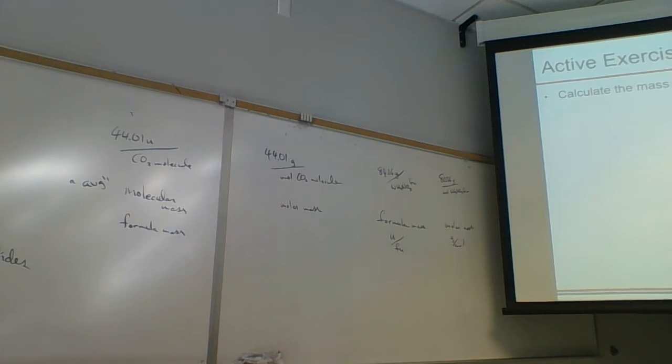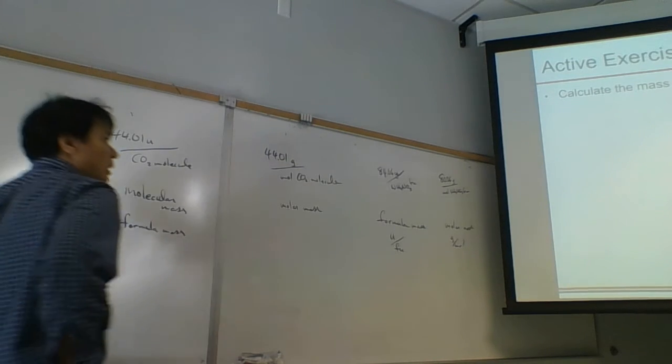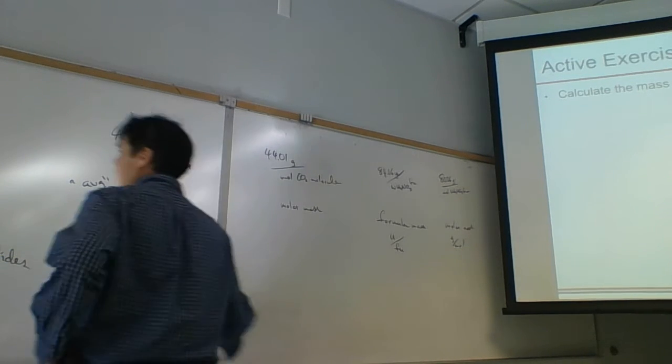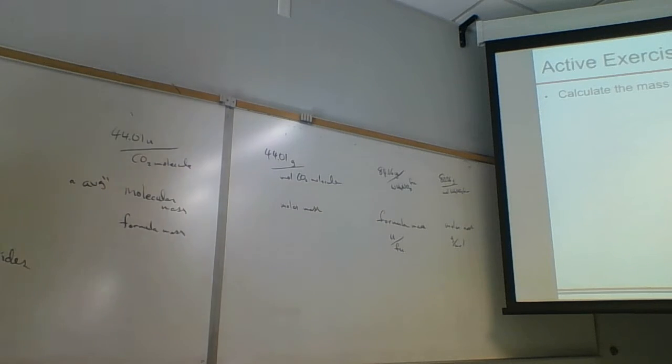Okay, so let's just get some practice. Calculate the mass of calcium fluoride. Well, what mass do they want? It doesn't matter, so we're just going to calculate one of them. The first thing is we need the formula for calcium fluoride. What is the formula?